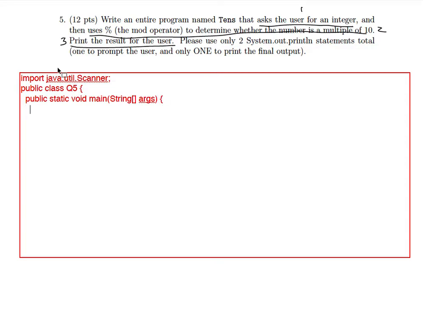Let's see, ask the user for an integer. Okay, so it looks like all I need to do is have that one input. Great, and it's an integer, so user input. Set it to 0 for default, and I'll need a scanner.